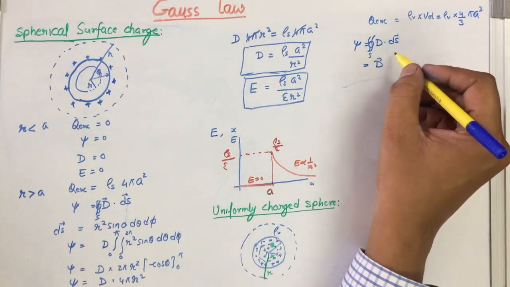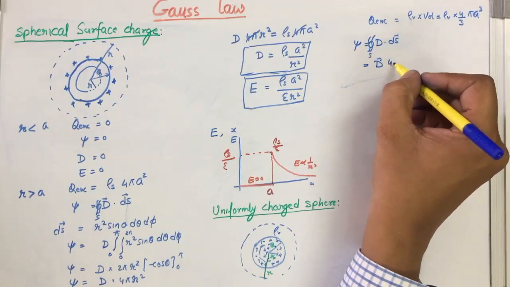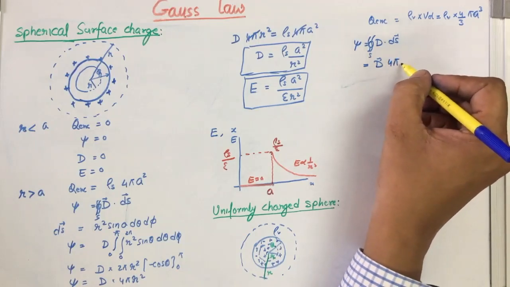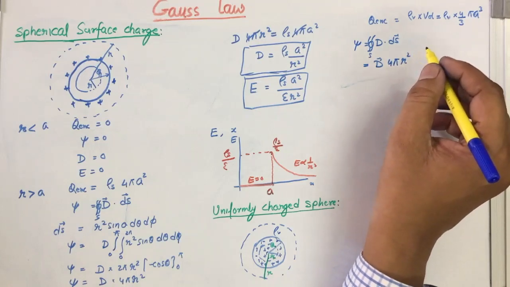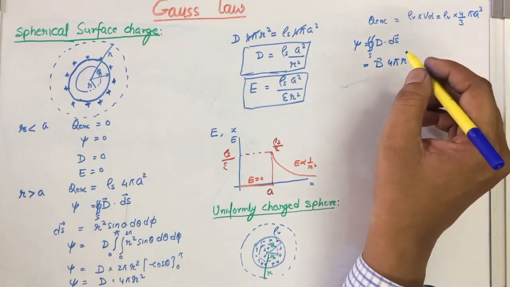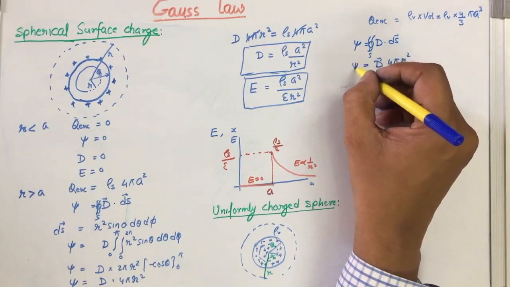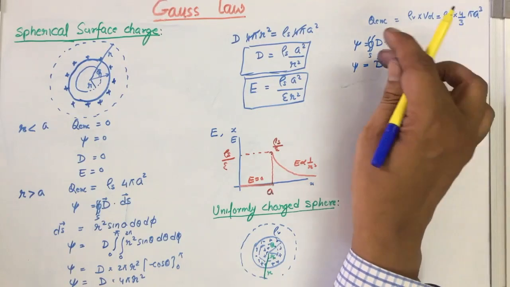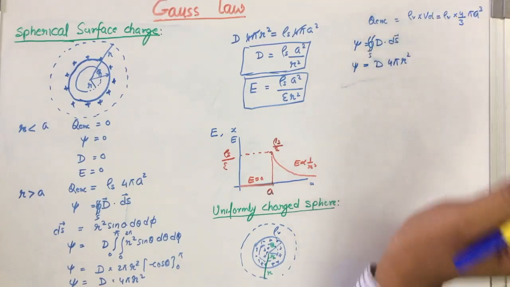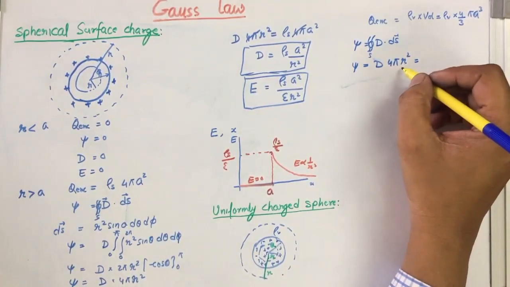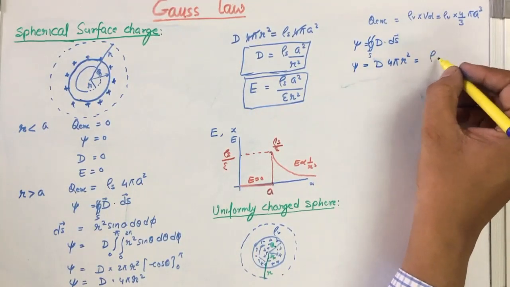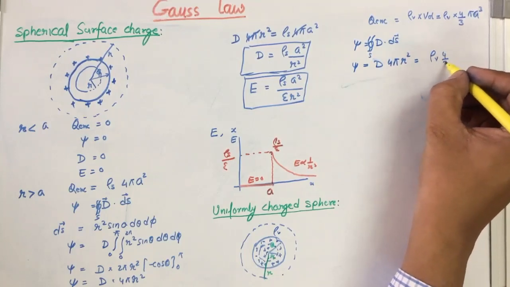So only area will be left, and the spherical area is 4 pi r square. So this will be the flux, and we know that flux, D into area, will be equal to the charge enclosed.